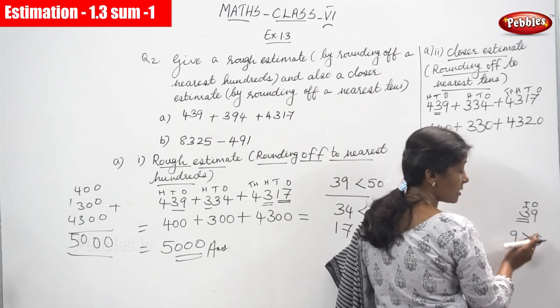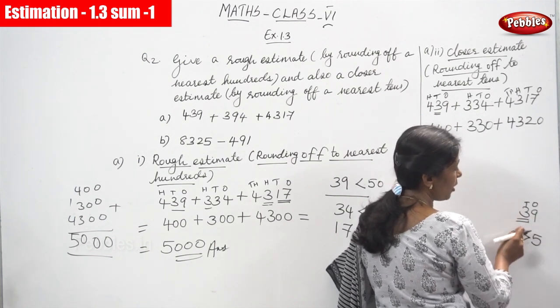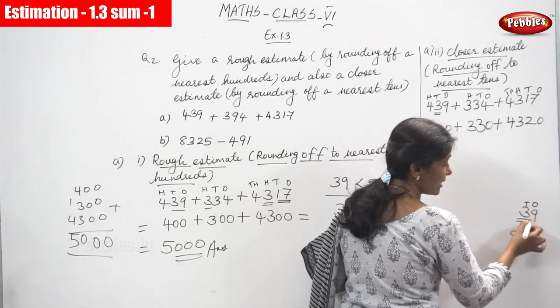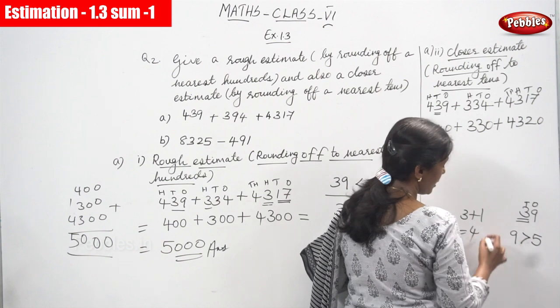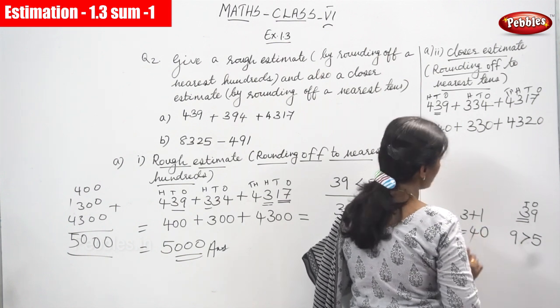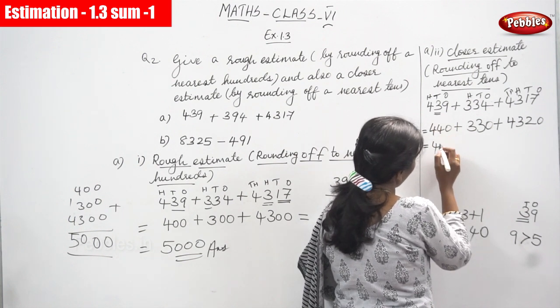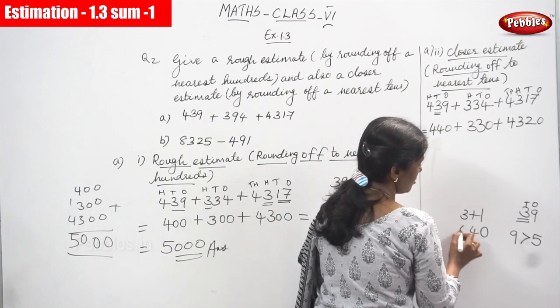This is 5 and above. So 5 and above means you have to add 1 with the tens place value. So 3 in the tens place, 3 plus 1 becomes 4, and in the ones place value you add 0. So with the hundreds place value 4, the answer is 440. Okay, the answer is 440.